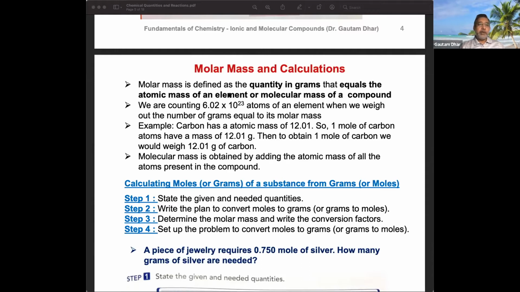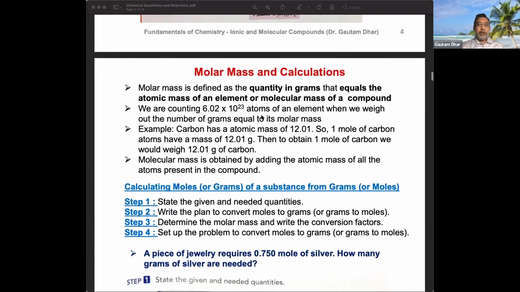That means if we express the atomic weight in grams, or the molecular weight in grams, like if you are taking, let's say, sodium, sodium has an atomic mass of 23. So if you take 23 grams of sodium, that is called the molar mass of sodium. And the molecular weight of water is 18.